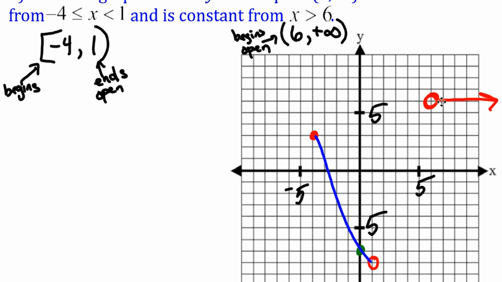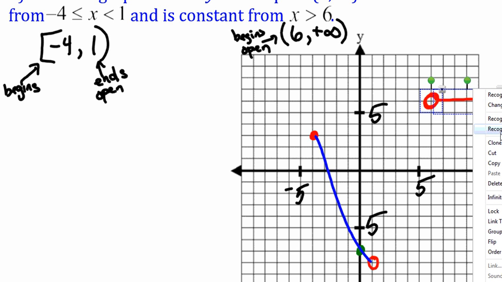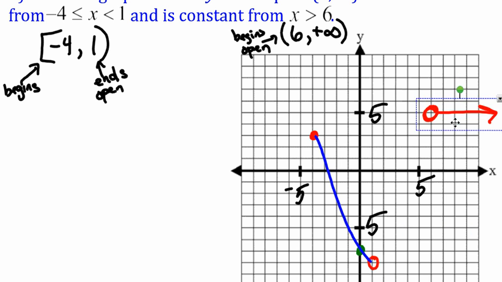I have an open point, and it's constant. Now, this piece could move anywhere along my graph. It doesn't have to necessarily be up in this section here. Let me group it so I can move it. I could have it anywhere along here, just as long as it's got that starting point at 6 but not being included, no change in the outputs, continuing to infinity.